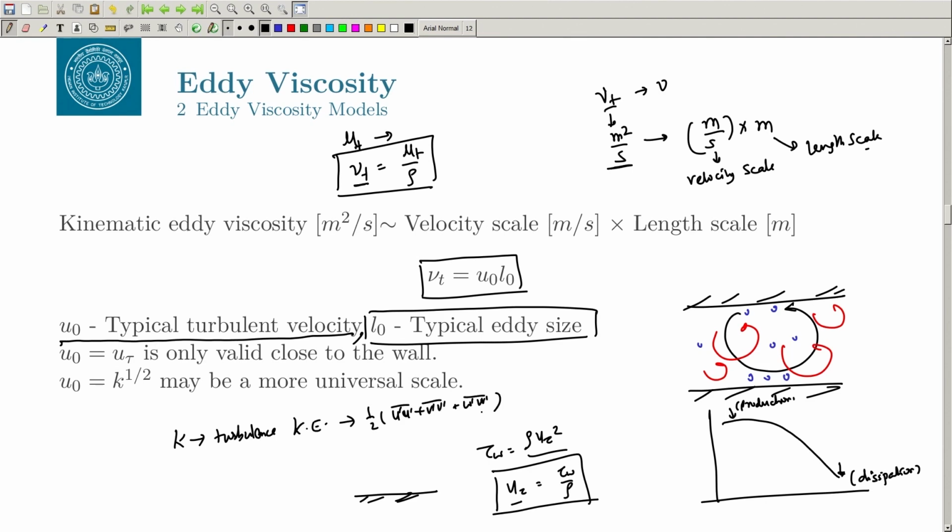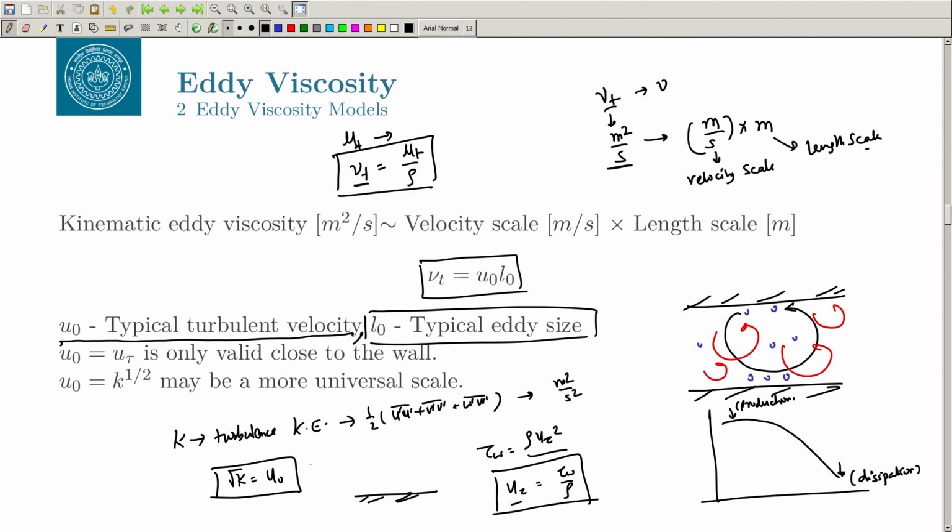If you know the turbulence kinetic energy, its unit is meter square per second square. So, take the square root of that, and the square root of k will become a velocity scale. In most turbulence models you use the velocity scale which is the square root of the turbulence kinetic energy. Again, for that we need to find out what the turbulence kinetic energy is.